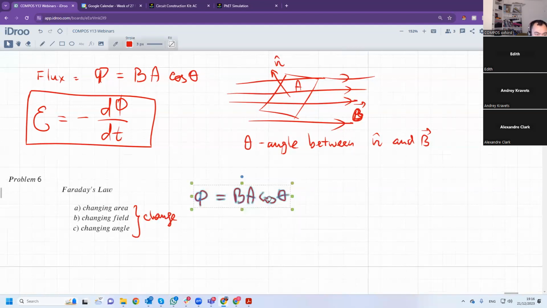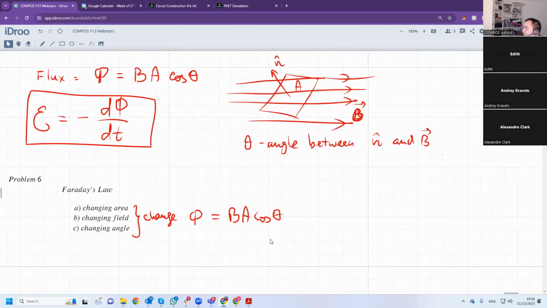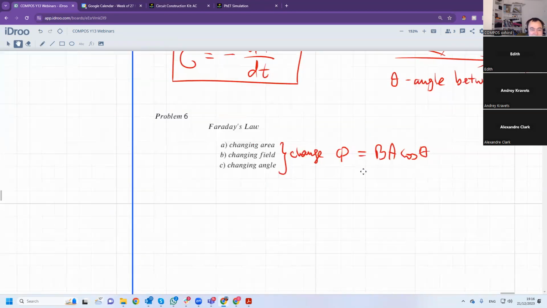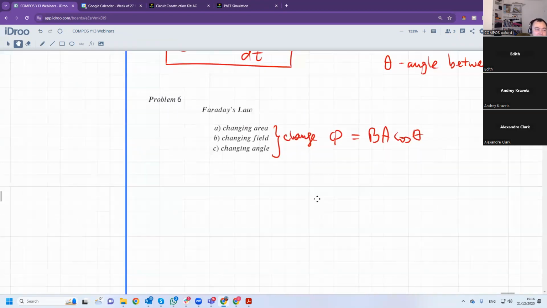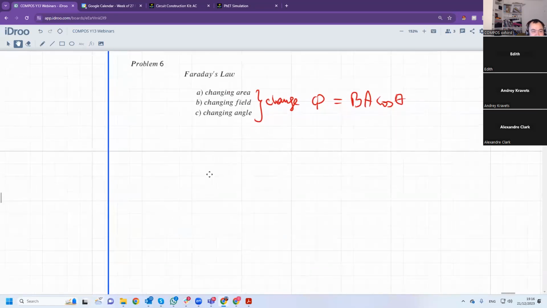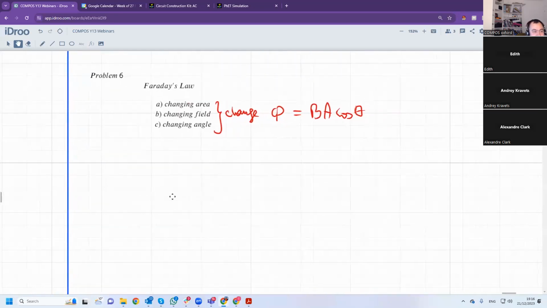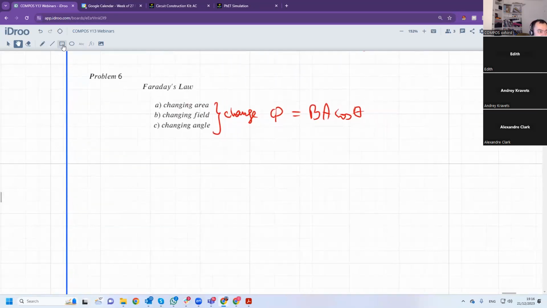You can change the area, you can change the field, or you can change the angle. There are three different ways of creating an EMF. Faraday's law.